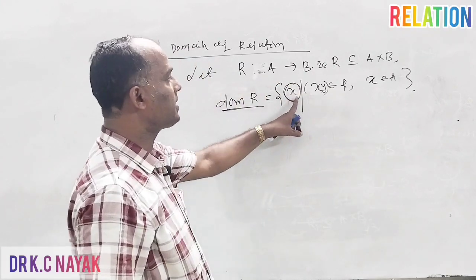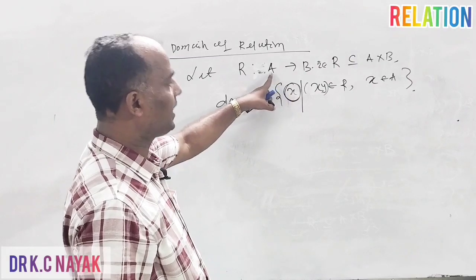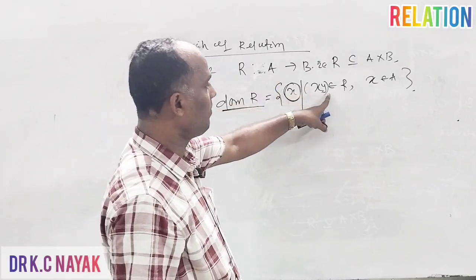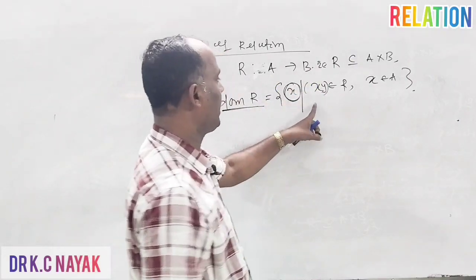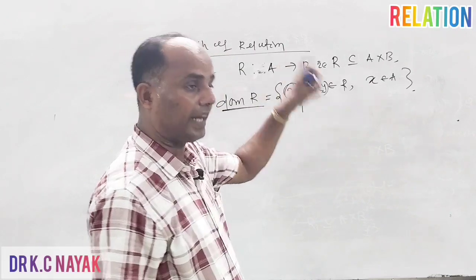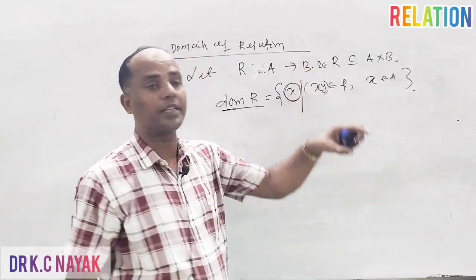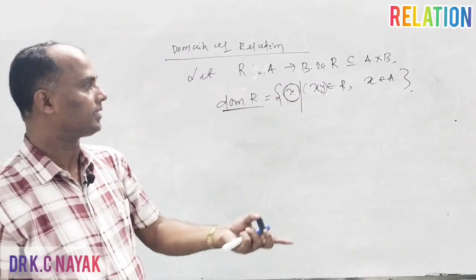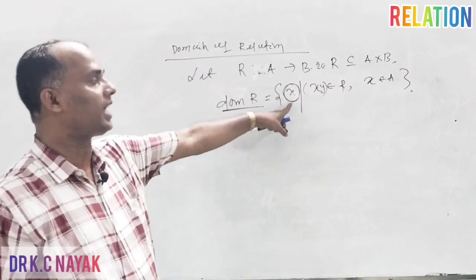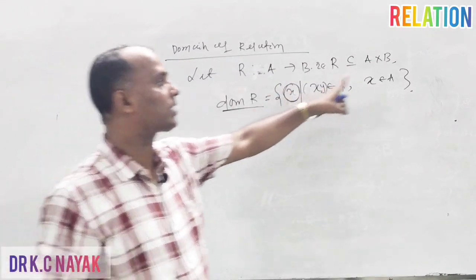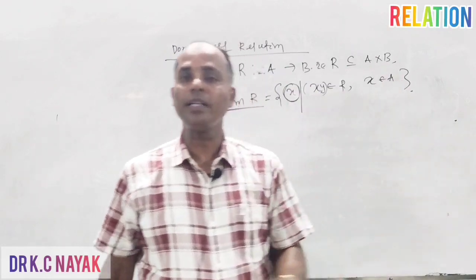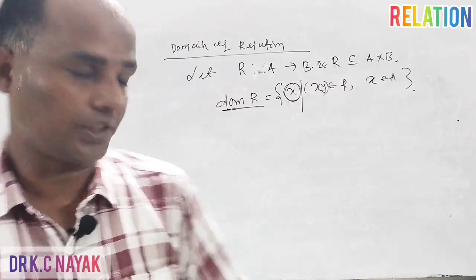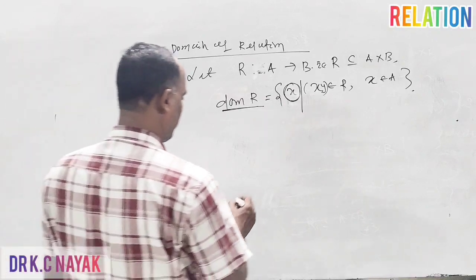The X elements are from set A and the Y elements are from set B. Those elements of set A which are associated with elements of set B are represented as X, and that X is from set A. That is the domain of the relation.